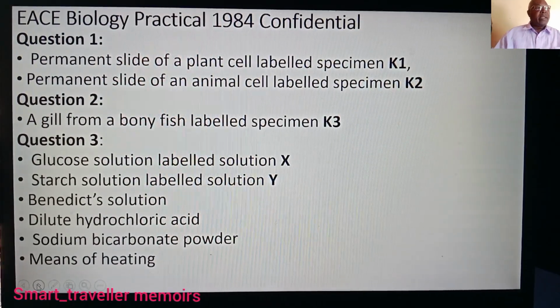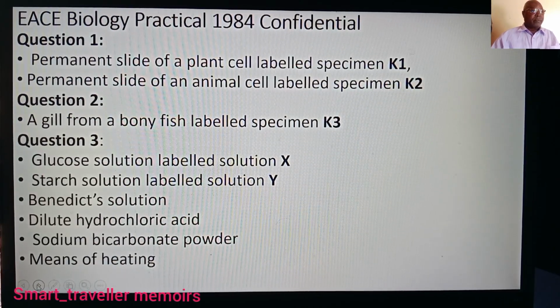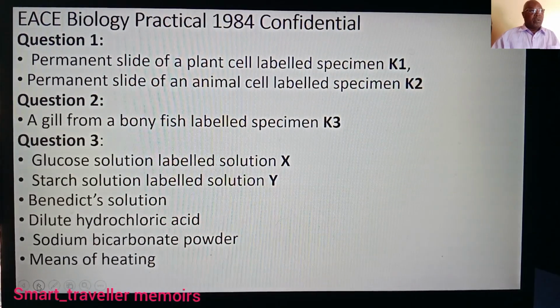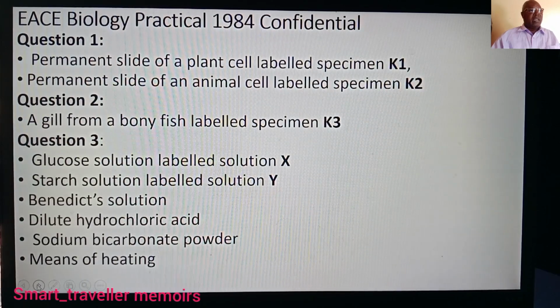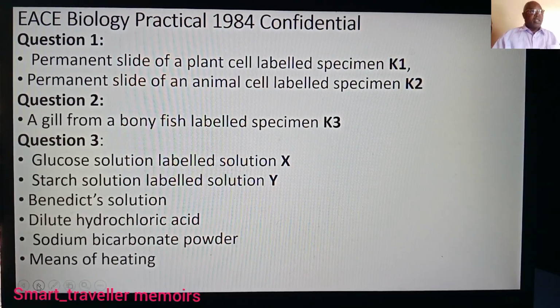As we normally do in my biology practicals, let me give you the requirements for the biology practical paper of 1984 EACE, meaning this examination was done by Kenya, Uganda, and Tanzania. So it was a tri-national examination.